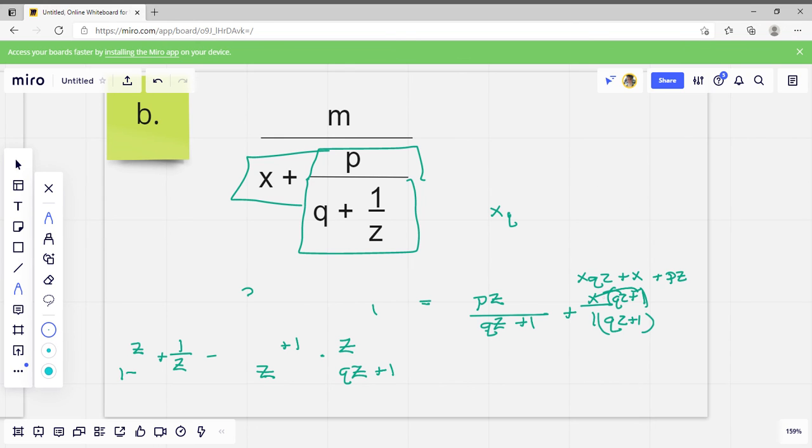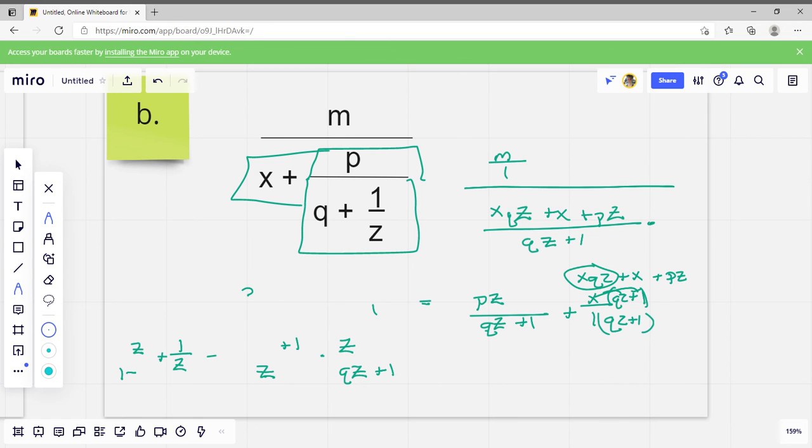Okay, so I've got XQZ right here plus X plus PZ over QZ plus 1. And that whole thing has an M over it, which I need to turn into M over 1.